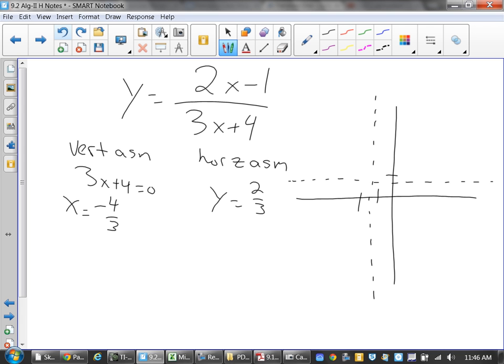If I'm not mistaken, when you do your ordered pairs on this one, would you get basically the first and third quadrants? Yes. No, am I backwards? It's second and fourth.